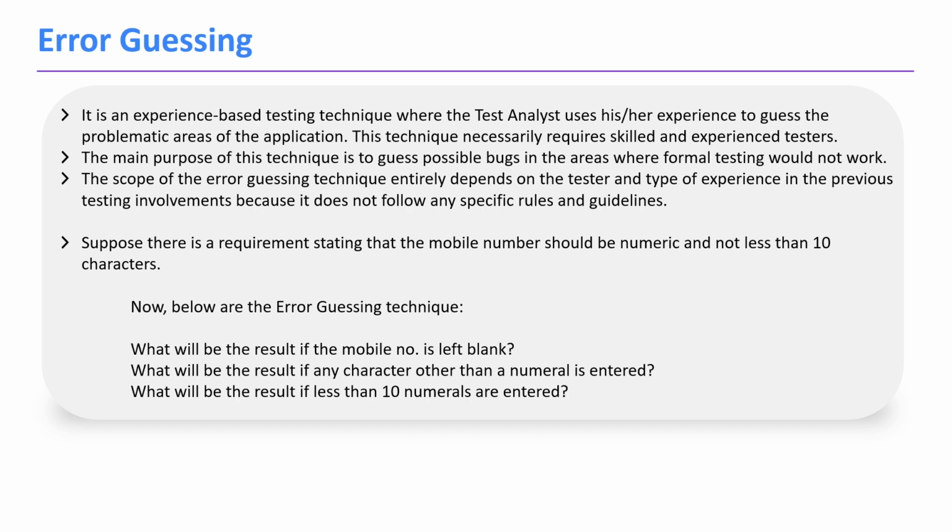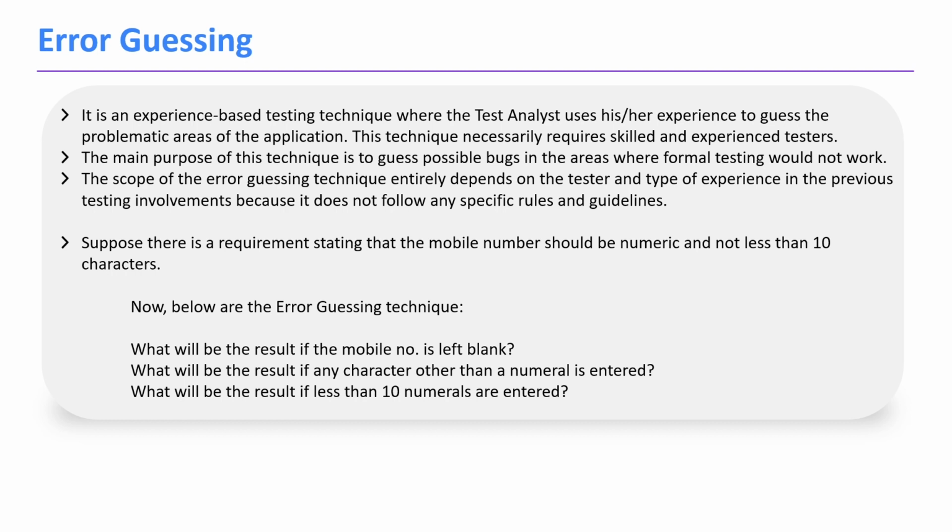Suppose there is a requirement stating that the mobile number should be numeric and not less than 10 characters. In this case, if we apply the error guessing technique, the test analyst or tester may think of negative scenarios and try to enter negative values to find errors or bugs in the application.